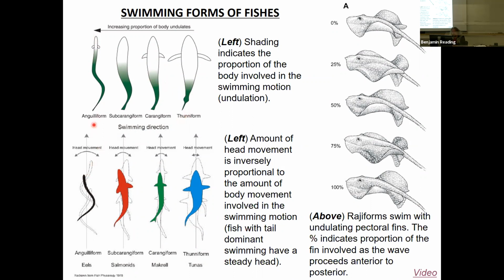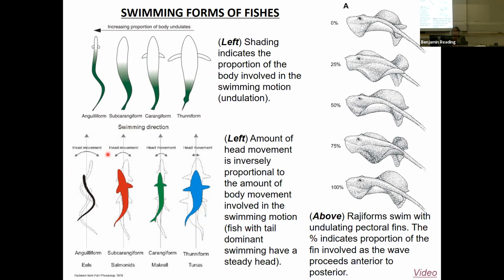And when you look at this then in regards to amount of head movement, so in order to generate this undulation down the side of their body, if you're going to propagate a wave down the majority length of your body, that means you've got to start in the head, and that means the head's got to swing pretty extensively from one direction to the other as you're moving through the water column.